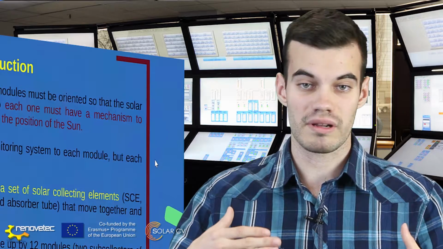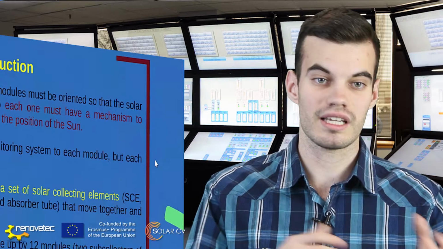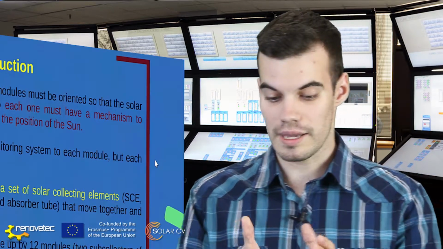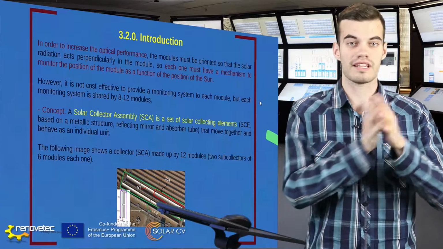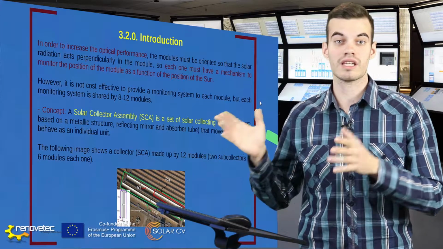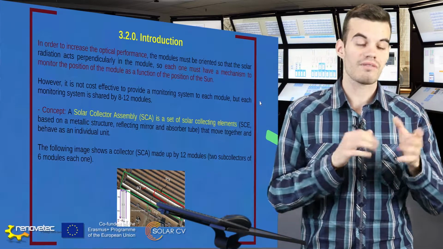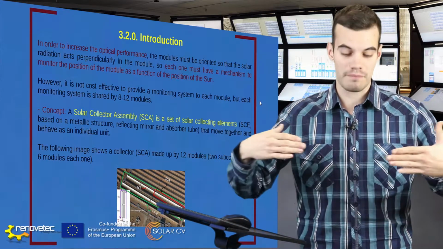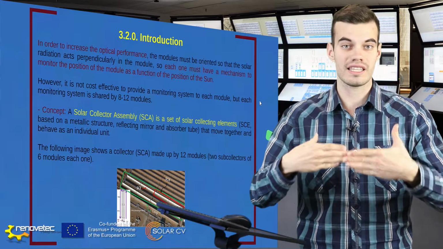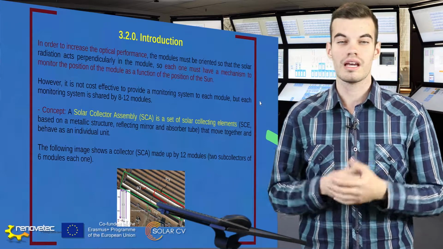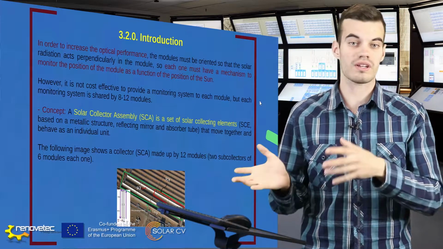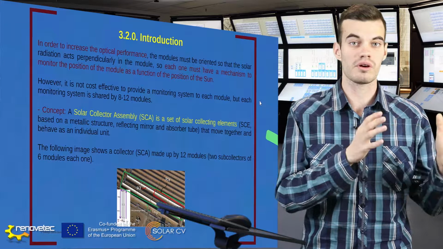The corrected DNI is equal to DNI, direct normal irradiance, multiplied by the cosine of alpha, where alpha is the incidence angle. If both vectors match, the incidence angle is 0 and the cosine of 0 is 1.